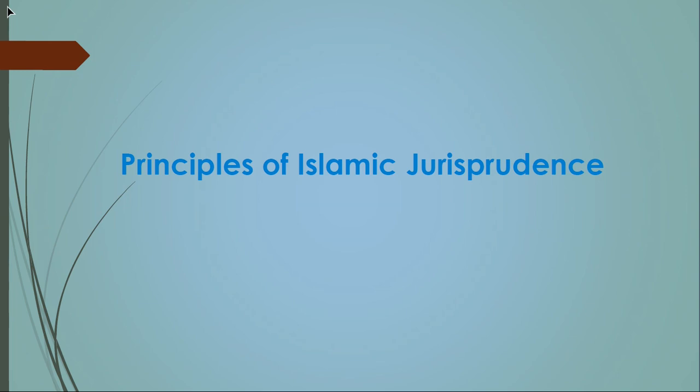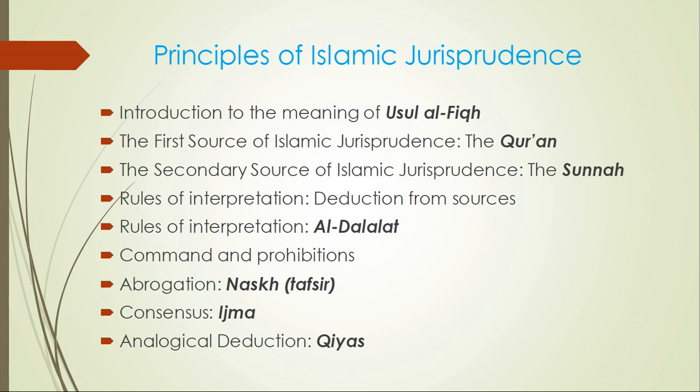Today we're gonna look at the principles of Islamic jurisprudence. The area that we're gonna look at today covers some principles regarding Islamic jurisprudence, mainly the meaning of usul al-fiqh, and we will move on to the first source of Islamic jurisprudence, i.e., the Quran Al-Karim.